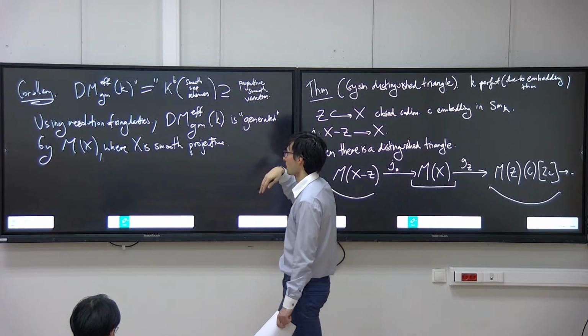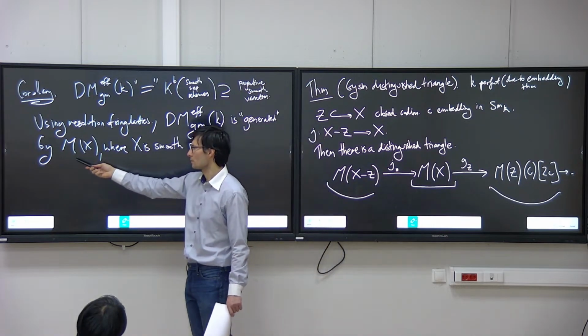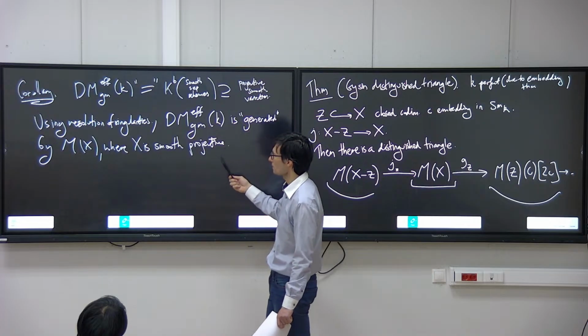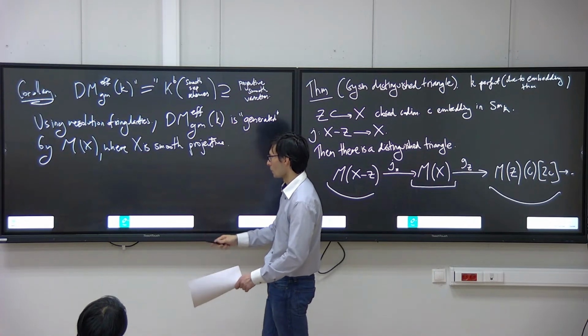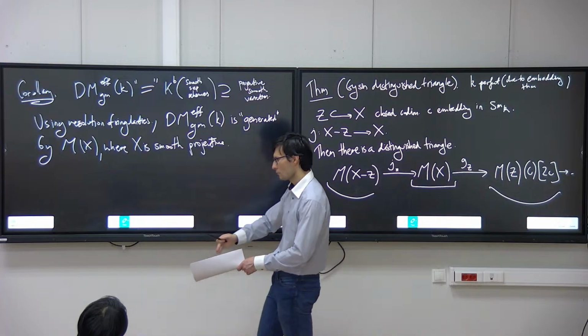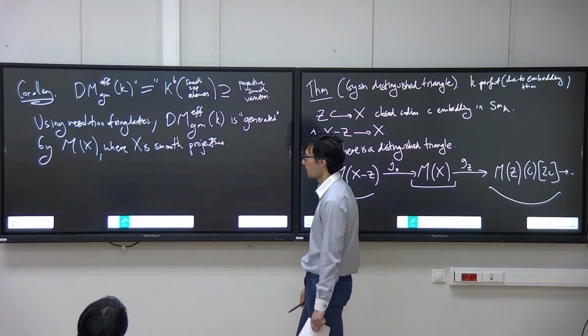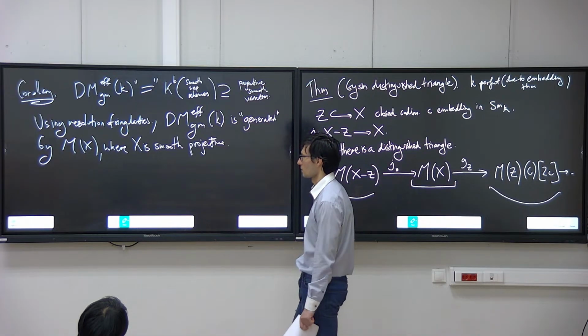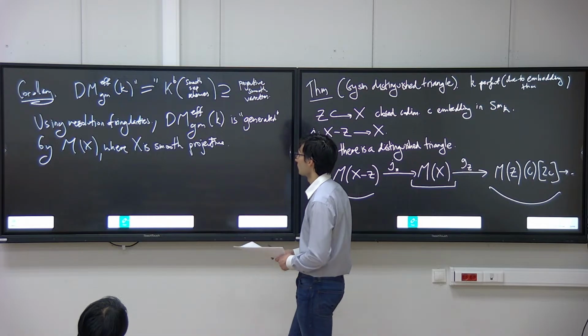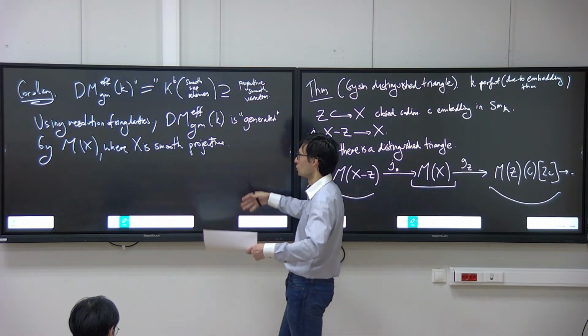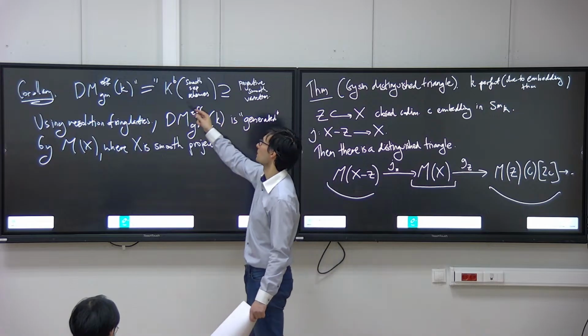It means that I can consider all motives attached to smooth projective guys, and then I consider all triangles formed by such motives, and then I consider shifts of such things as well, and summands as well. So to get a huge triangulated category, and this will be the same as this.